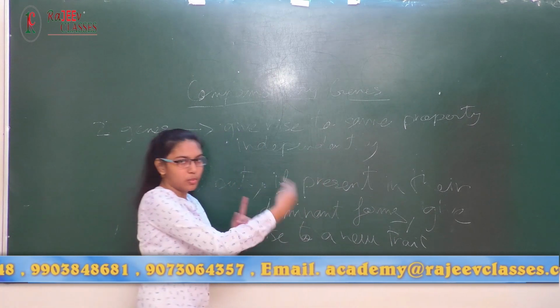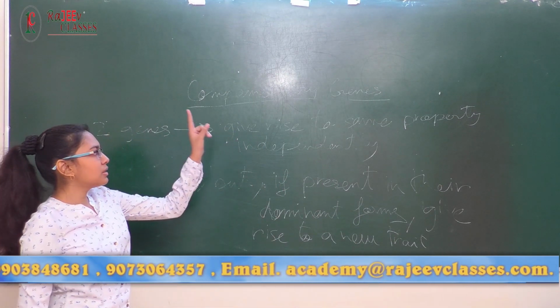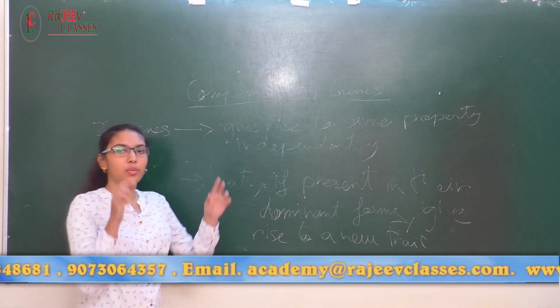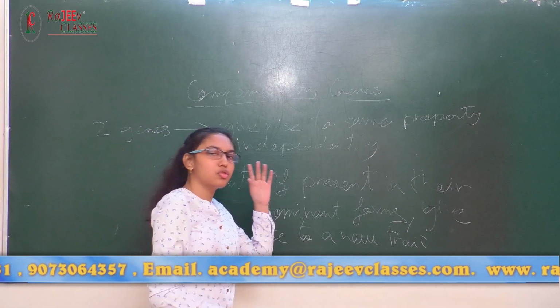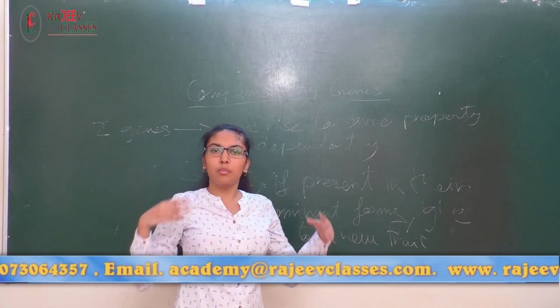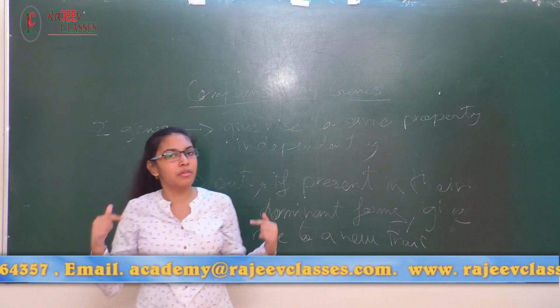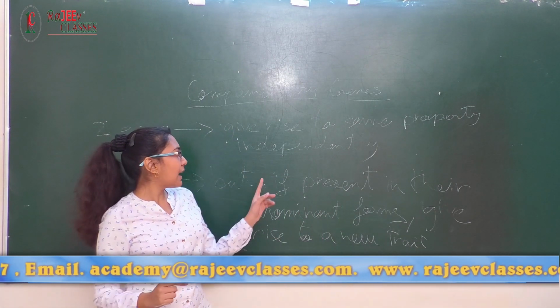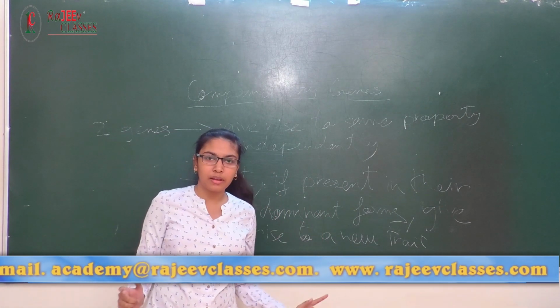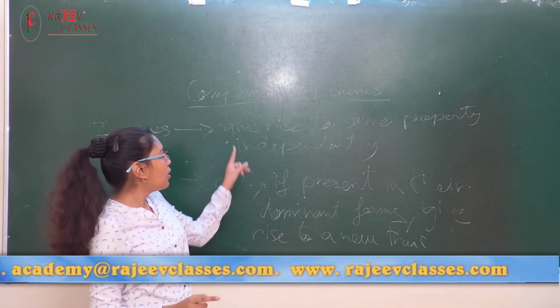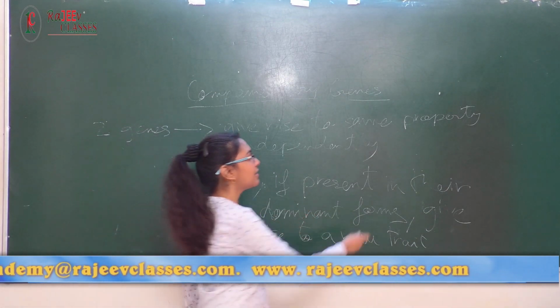Let's just recapitulate once again. Complementary genes is the phenomenon when we have two separate genes on two separate chromosomes. Both have their dominant and recessive alleles. They separately, independently give rise to the same property.